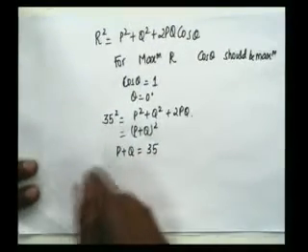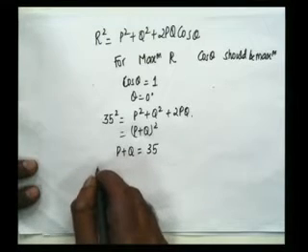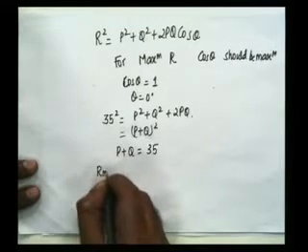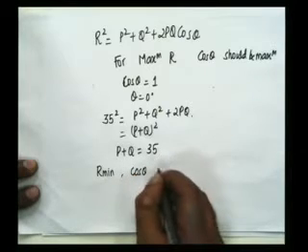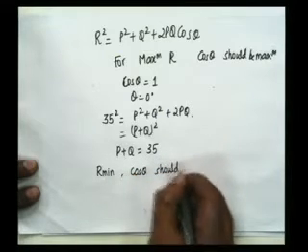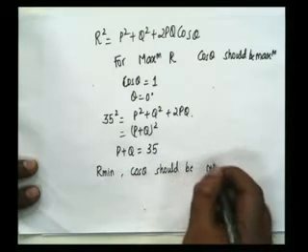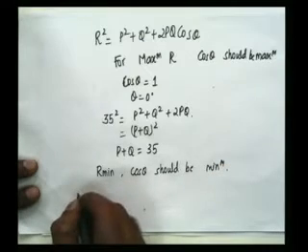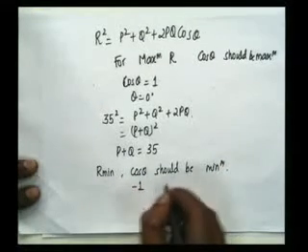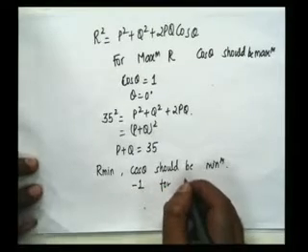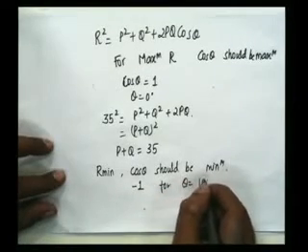Similarly, for R minimum, cos theta should be minimum, and minimum cos theta is equal to -1 for theta equal to 180 degree.